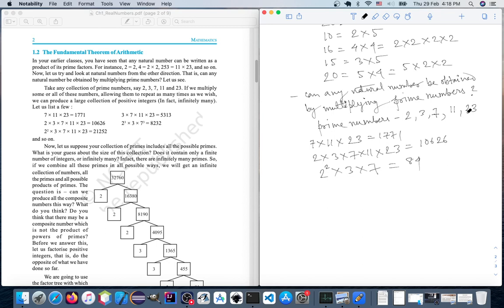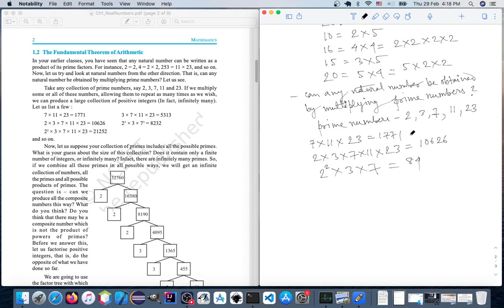Now let us suppose your collection of primes includes all the possible primes. In this example, we were trying to obtain natural numbers by using only the collection of prime numbers 2, 3, 7, 11, 23. But there are, as you know, an infinite number of prime numbers. There are endless prime numbers.